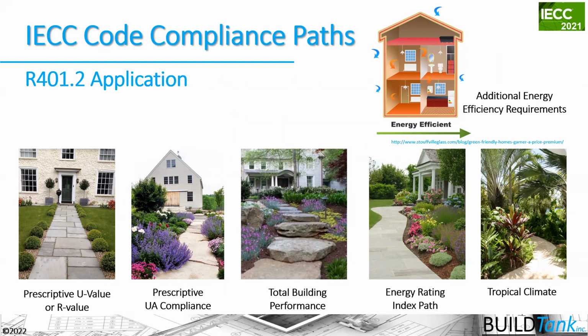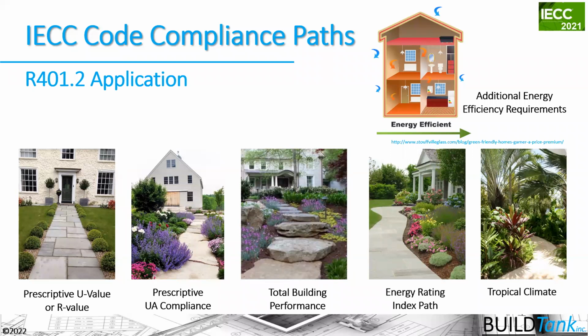Although the first two are in the prescriptive section of the code, I break out prescriptive U-value and R-value requirements or compliance options versus the prescriptive area weighted compliance alternative, which some people call the REScheck path. Remember, REScheck is a compliance software, not a compliance pathway, but the area weighted U-value trade-off pathway utilizes a software similar to the total building performance and energy rating index pathways.